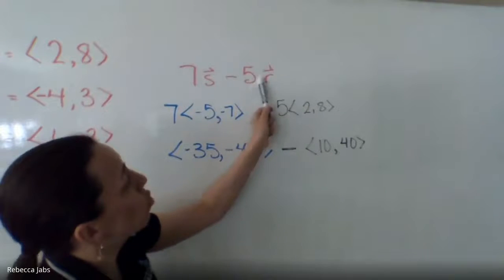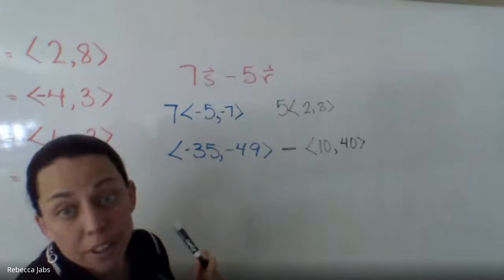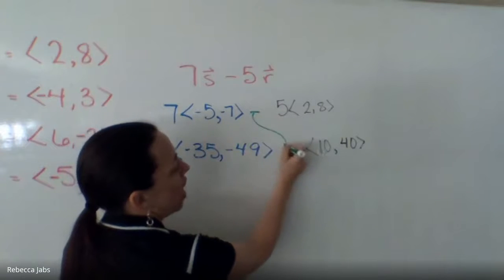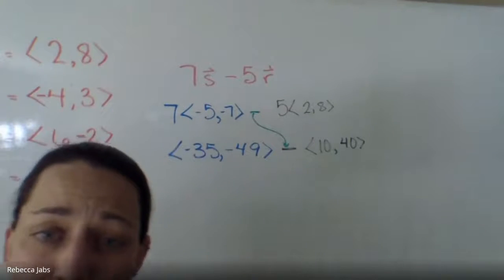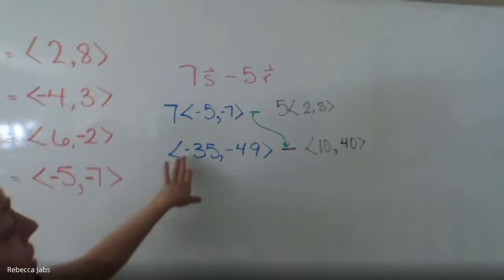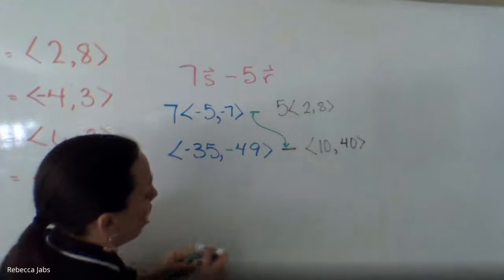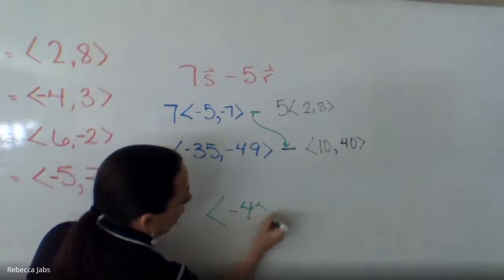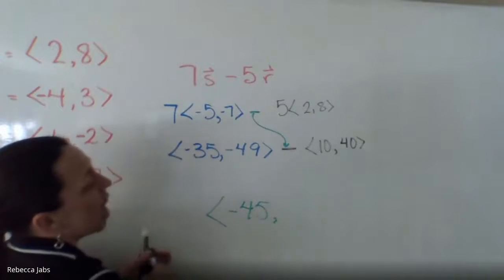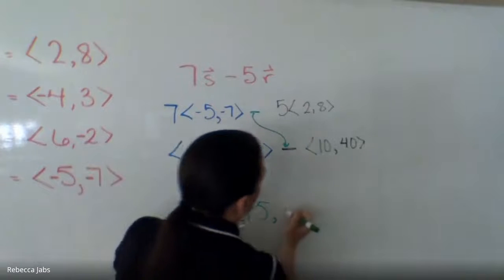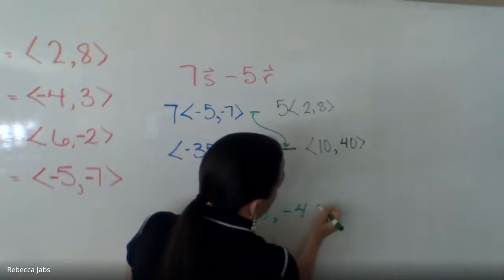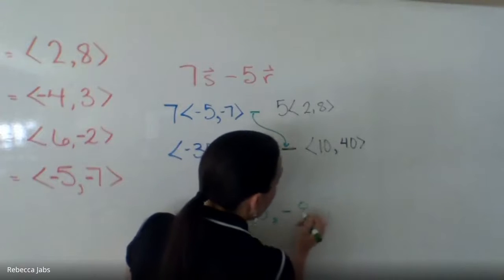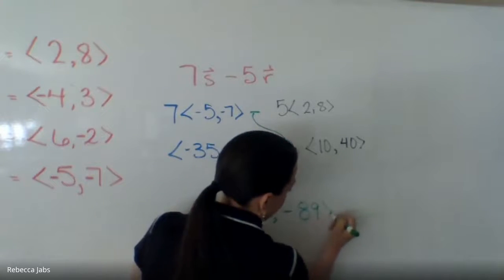This negative sign would have to stay there. You can argue with me later, because there is something else I could do. If I distribute a 5 into R, I would get positive 10 and positive 40, because the signs would stay the same. So right now I have negative 35 minus 10 more. That answer would be negative 45. I have negative 49 minus 40. That answer would give me minus 89, my fault.